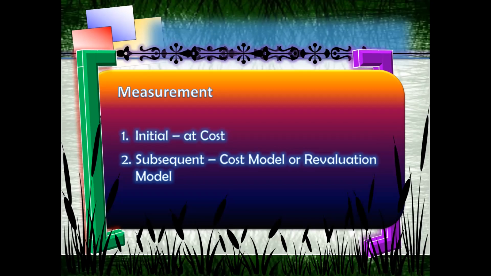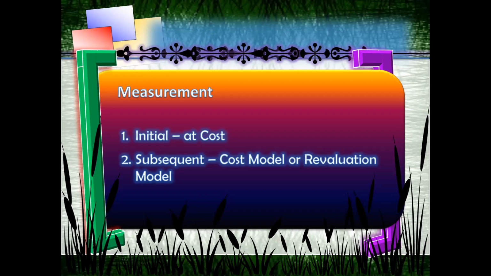Because we want to know at what amount pa natin dapat i-record ang ating property, plant, and equipment on the initial recognition or on the date of the initial recognition. Ito naman subsequent. So that is how do we measure our asset after we have recognized it no, initially. So usually subsequent measurement, nandun na yan sa mga end of the reporting period, na yung mga cut-off or mga reporting dates natin. So yun yung mga subsequent na measurement.